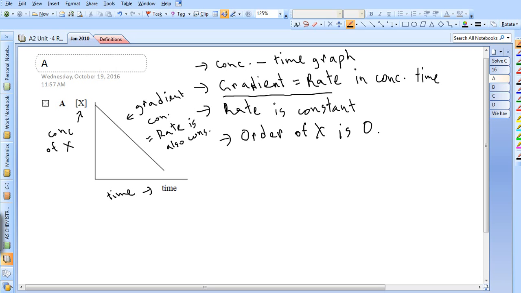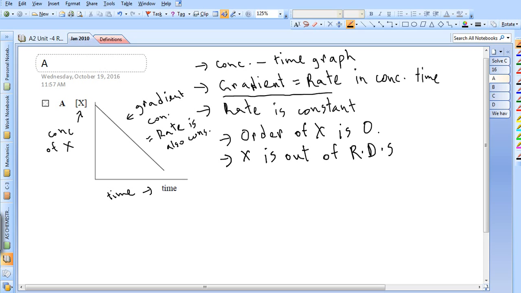Since the rate is constant, the order of X will be 0. Therefore X is not in the RDS. Therefore X is out of RDS.